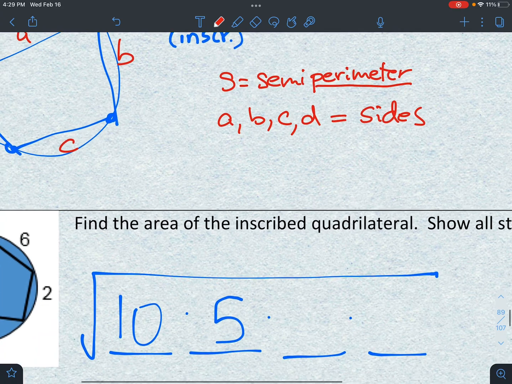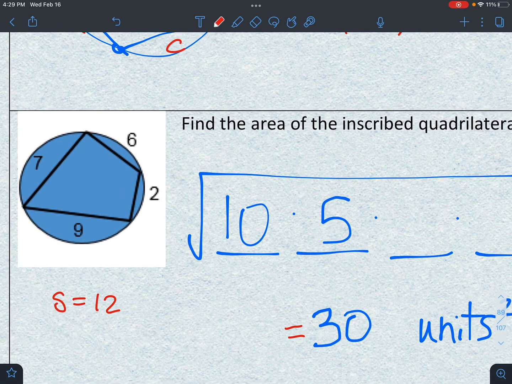Okay. All right, so again, another example. 7 plus 9 is 16. Plus 6, 22, plus 2, 24. So if I take 24 and divide it by 2, that's how I got the 12.